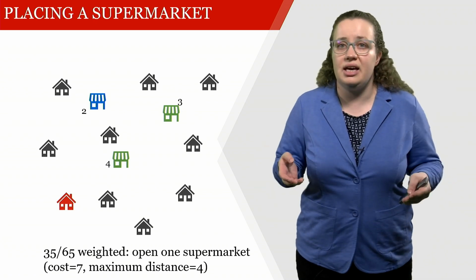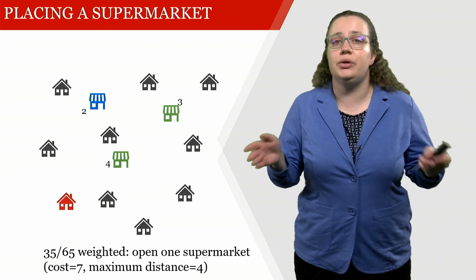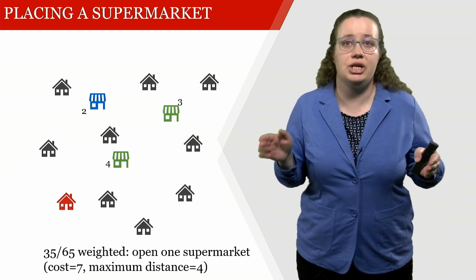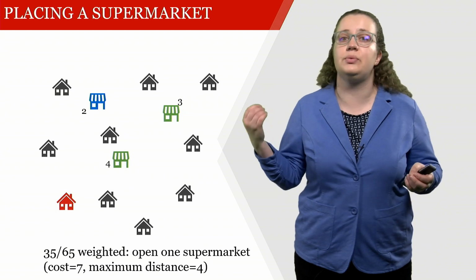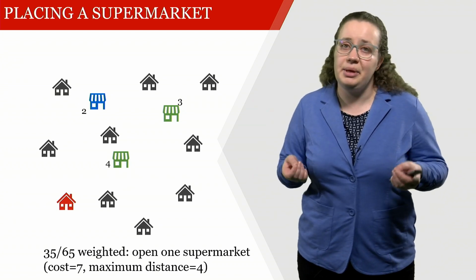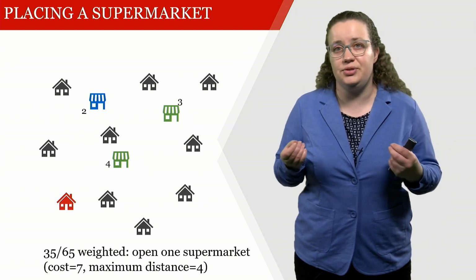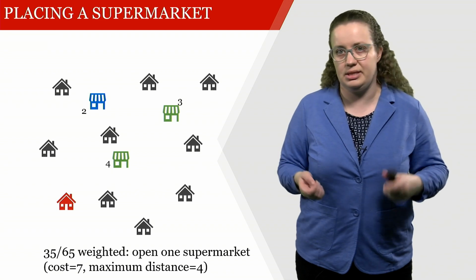So if we in this case use 50-50 or even 35-65, we're going to end up with something that actually only weighs one objective and the other one is barely being considered, which means that coming up with a good weight is very intricate and you really have to look at the absolute magnitude of these numbers.